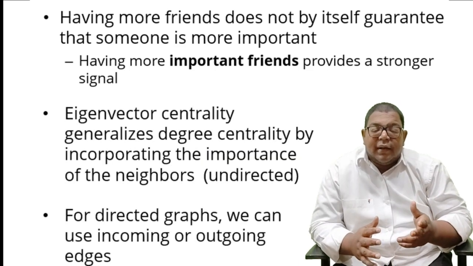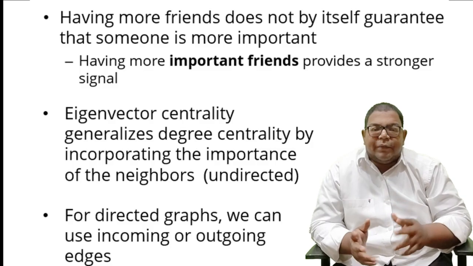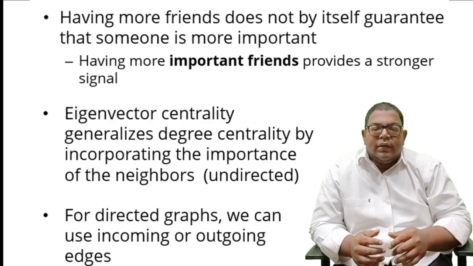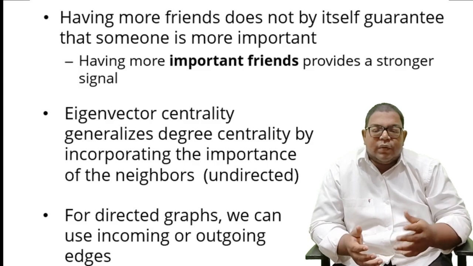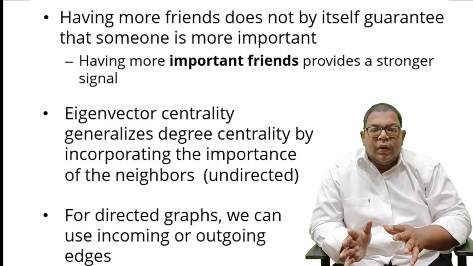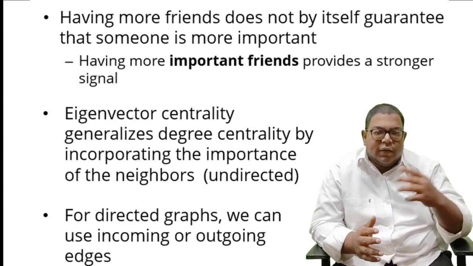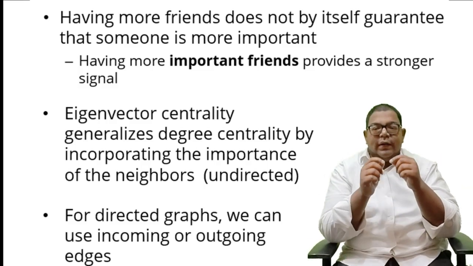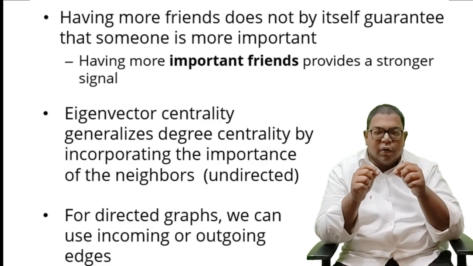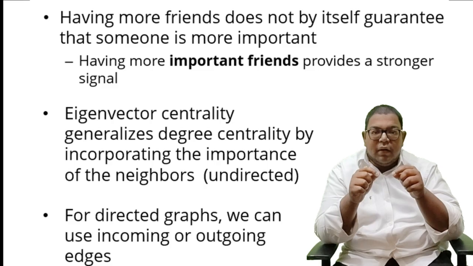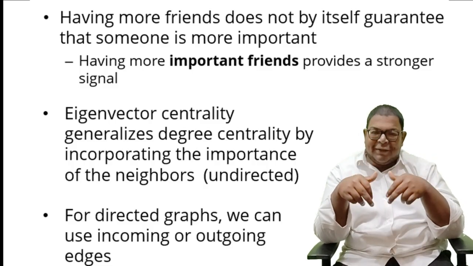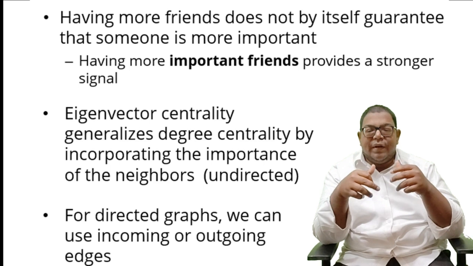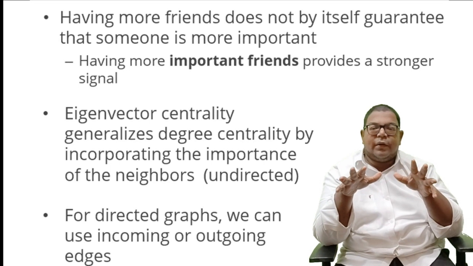It states that a node is important if it is connected to other important nodes. Importance flows recursively. So in social networks, your prestige depends not only on how many friends you have, but also on who those friends are. In undirected graphs, we will take into account all the neighbors of the nodes.